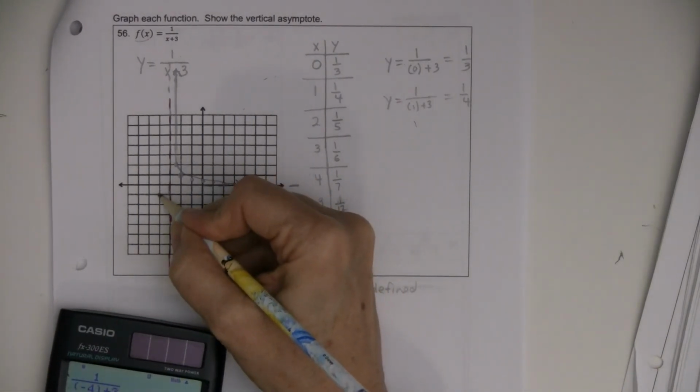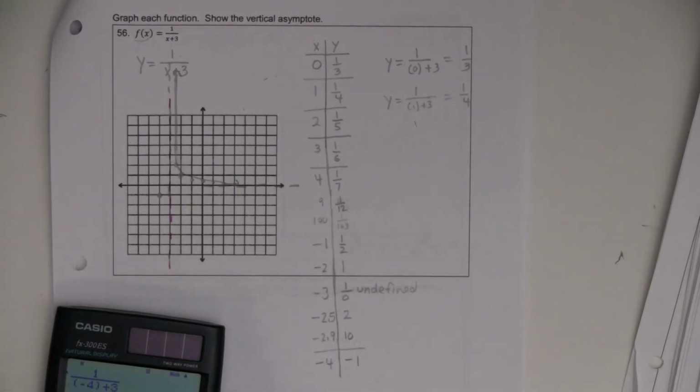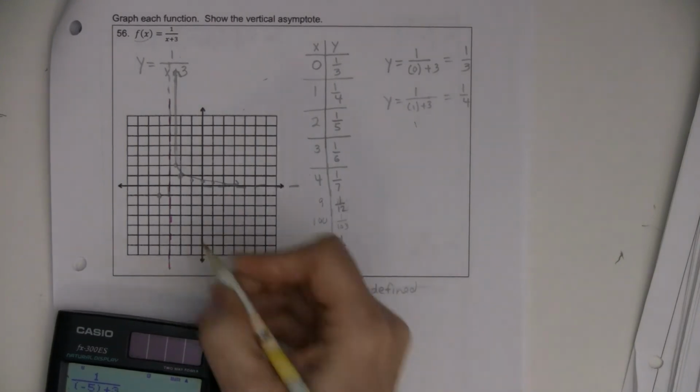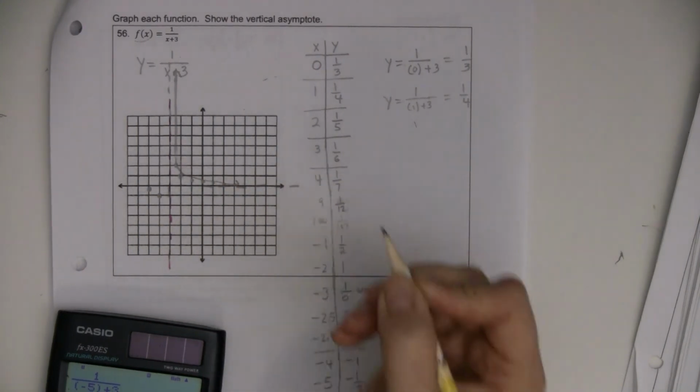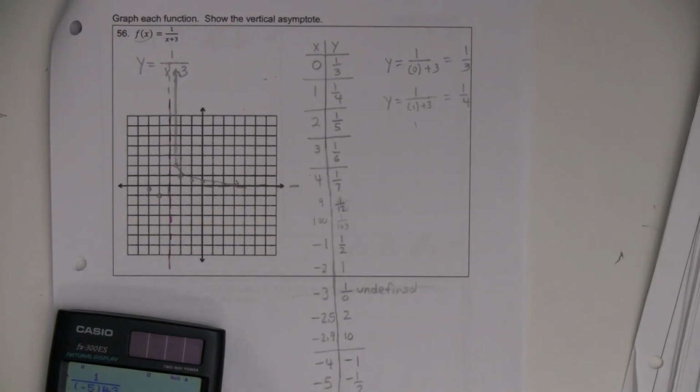So -4, -1. And I'm going to choose -5. And I get -0.5. So here's -5, -1/2. And I'm going to choose -6. And I get -1/3.